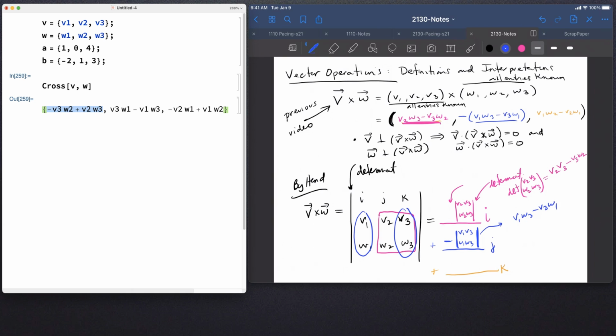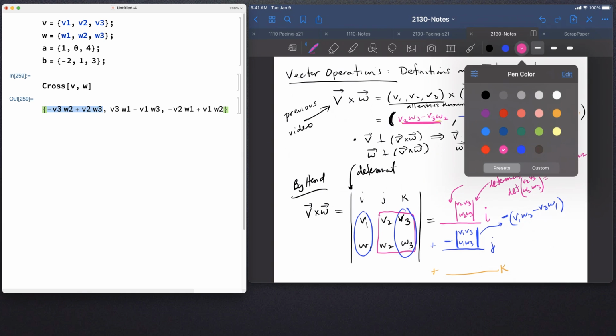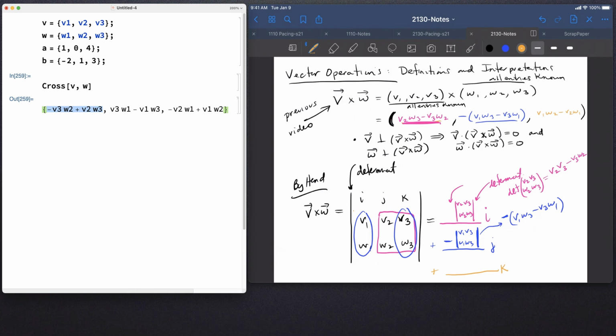Okay, and then there is the artificial minus sign on there. For the k entry, we're going to focus on v1, v2, w1, w2, and the determinant of that small block is v1, w2 minus v2, w1.